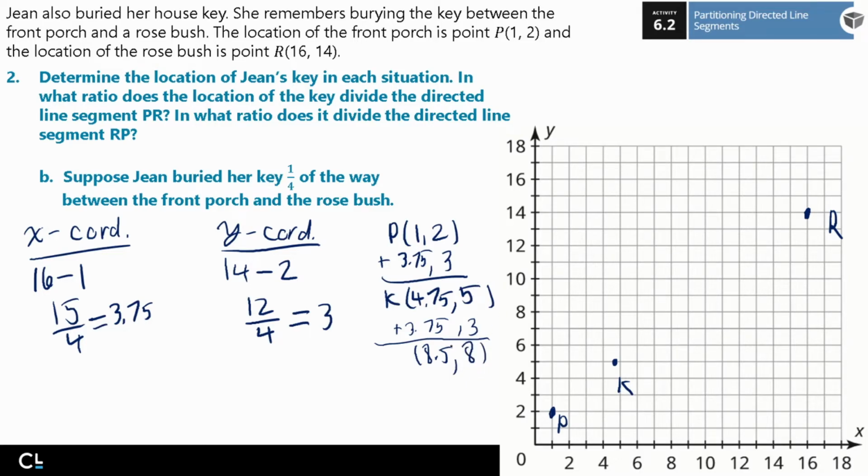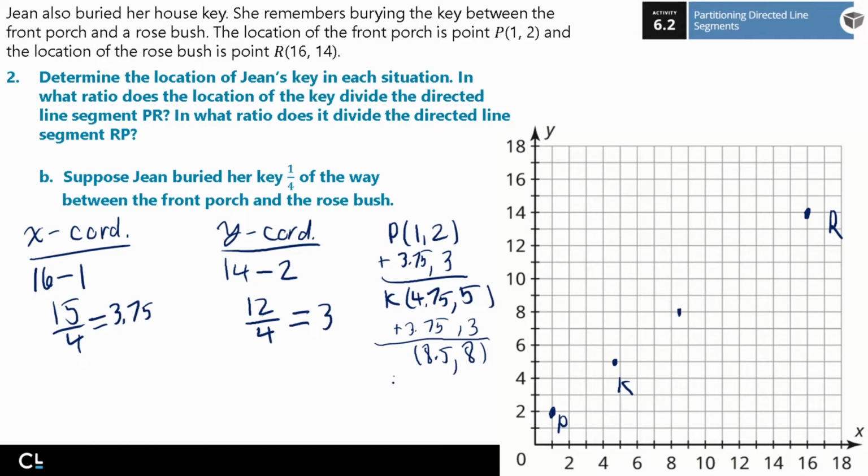And that's halfway, which we found out in the last problem. So that makes sense, right? Because if we do it twice, that'd be 2/4, which would be halfway through our line. We go to 8.5, up to 8, and that cuts it halfway.